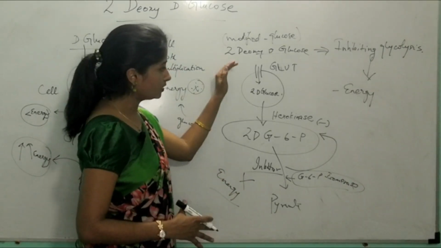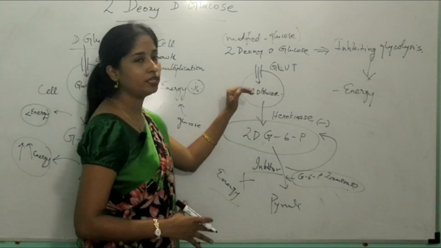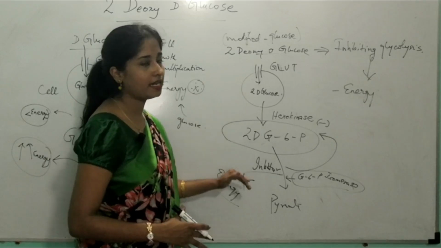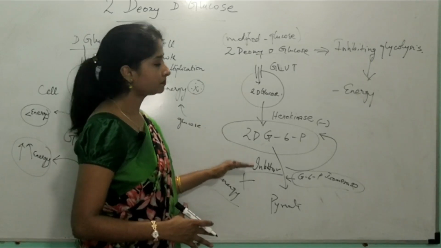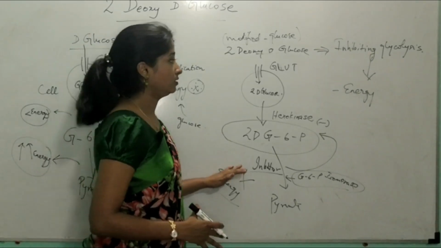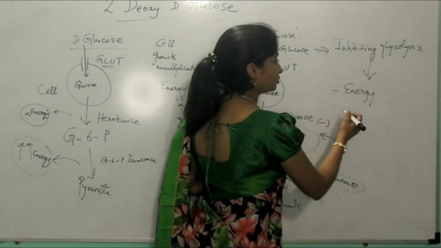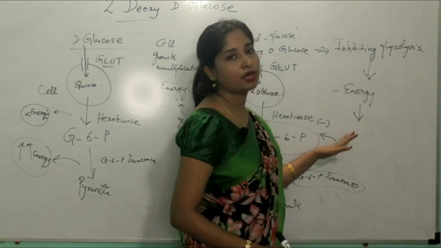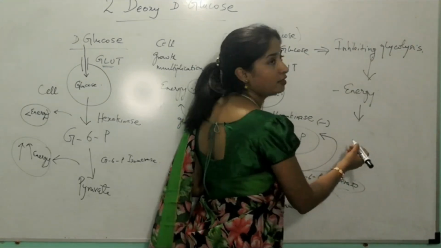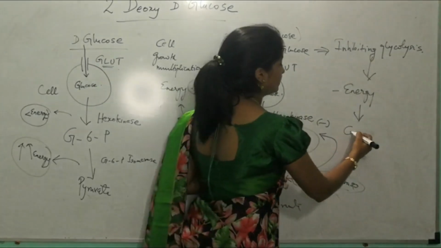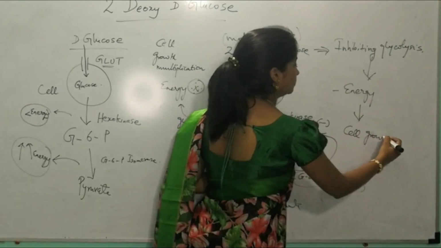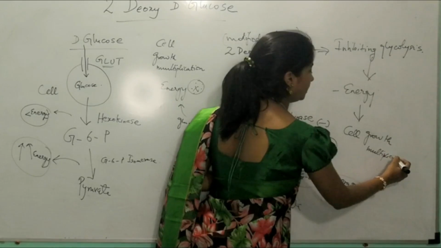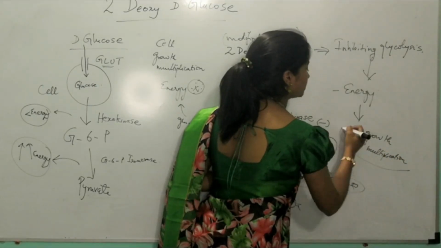And also there will be an accumulation of 2D glucose in the cell again and again. This accumulation again will block the energy production. So there will be no energy production. The cell will be deprived of energy, and hence the cell growth and also the multiplication of the cell will be inhibited by the 2D glucose.